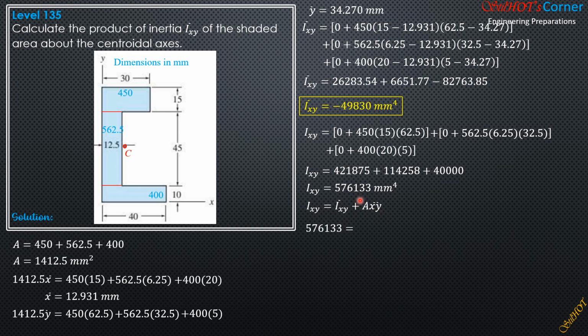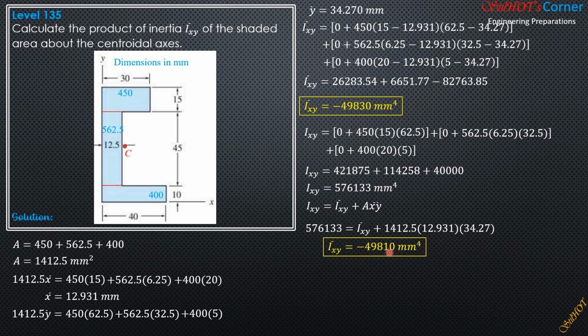So 576,133 equals I bar xy plus, area is 1412.5, bar x is 12.931, bar y is 34.270. So to four significant figures, I bar xy equals negative 49,810 mm square.